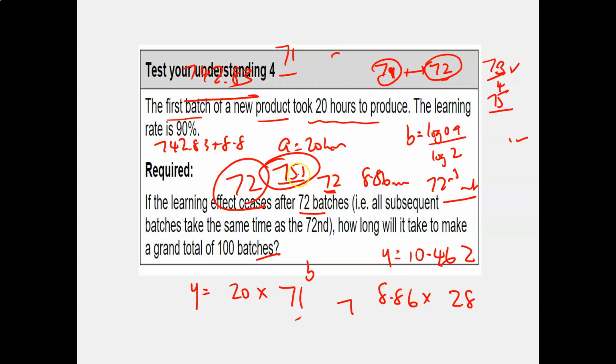So the first 72 batches, 751. The next 28 batches, so I'm sure you can see where I'm going now, times 28, 248. And therefore, the grand total must be 248.08 plus the 751.